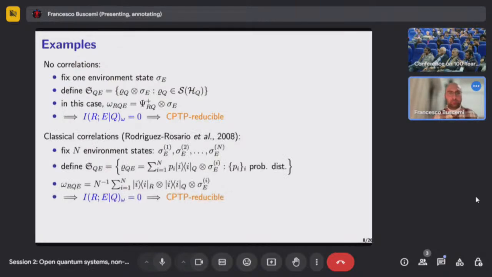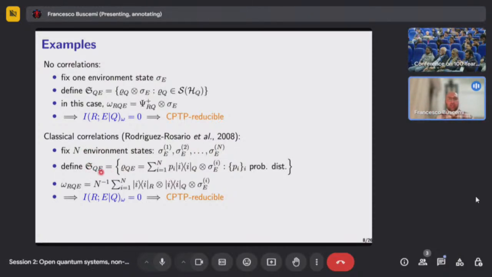Very easy. Next step. Let's consider the counterexample that was provided by Rodriguez-Rosario, Modi, Sudarshan, and collaborators in 2008. What they construct is the following set of states. They fixed n environment states. All right, these are fixed.